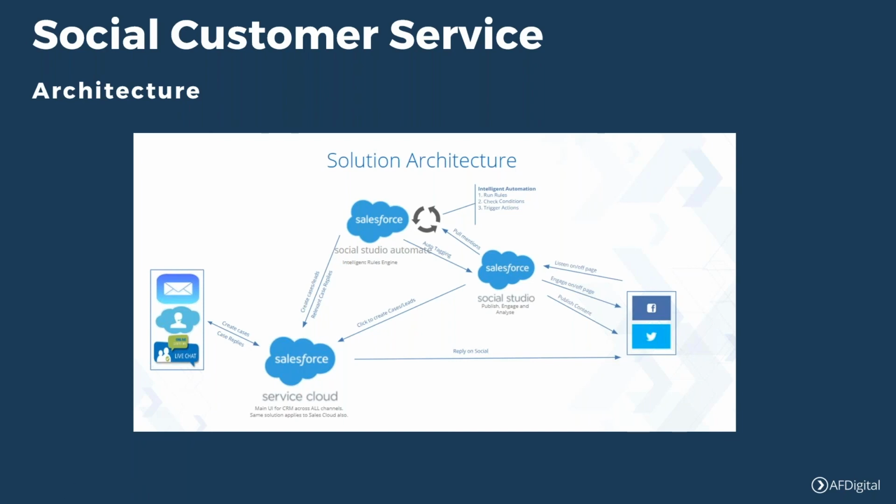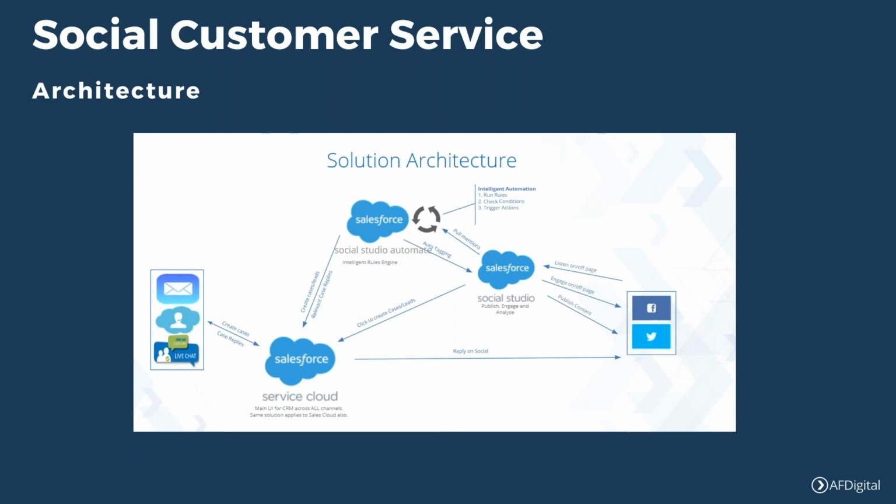Once it gets pushed into Service Cloud, the case will automatically be created for that particular person, and you would see immediately that the priority of that post is high, and the topic of that particular post is, let's say, a product complaint.